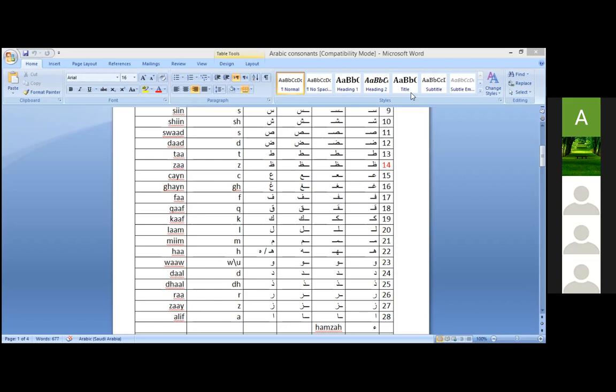Let's try to differentiate a few letters. Probably we pronounce them similarly, but they're totally different in Arabic. They do not sound the same.